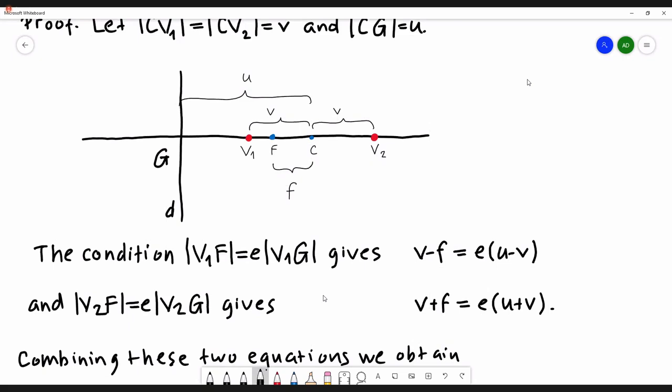If you set the distance from center to focus to be F, then the distance between center and directrix is F over E squared, and the distance between center and vertices is F over E. V is equal to F over E, and U is equal to F over E squared. Nice.